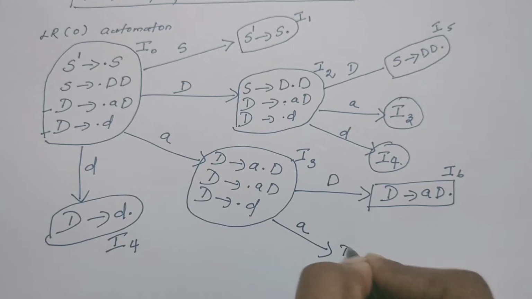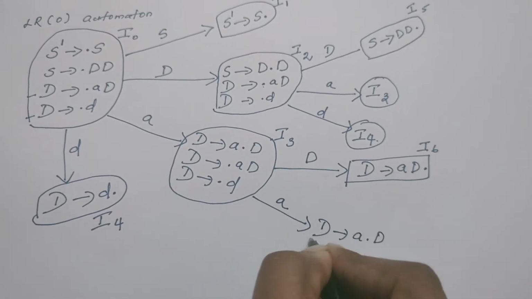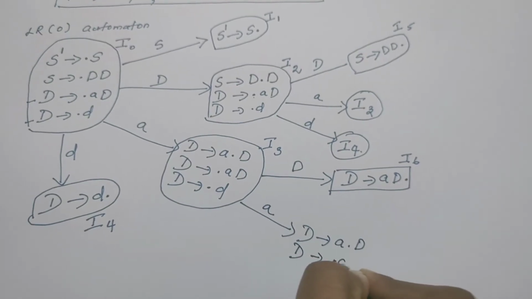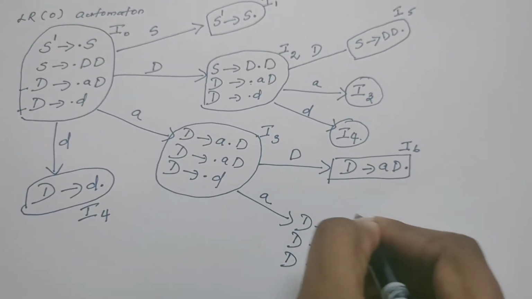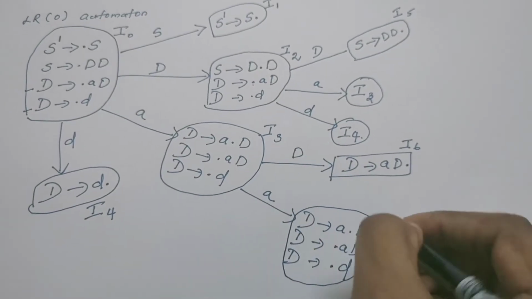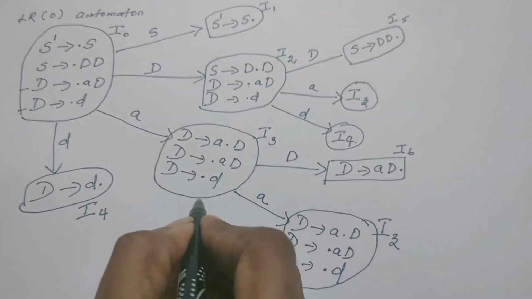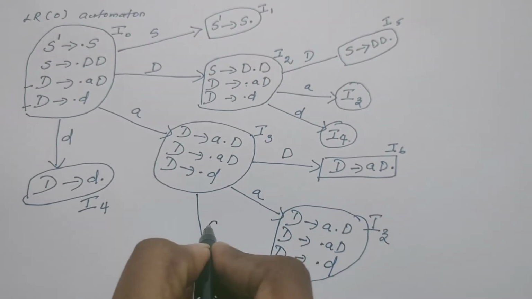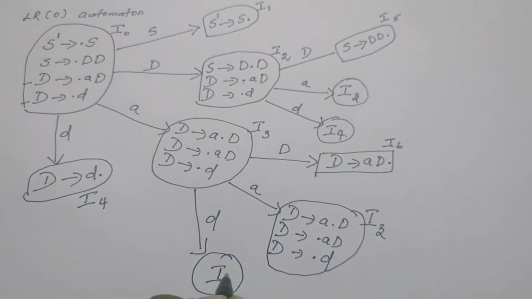I'll write it here once. D derives A dot D. We have to include the rules for D, which is nothing but D derives dot AD, D derives dot D. It means we are getting once again I3 itself, isn't it? Right. Now on reading D, it is entering into the state I4.